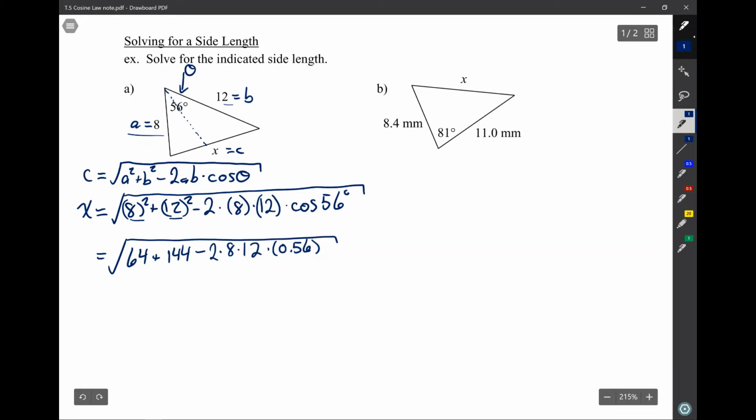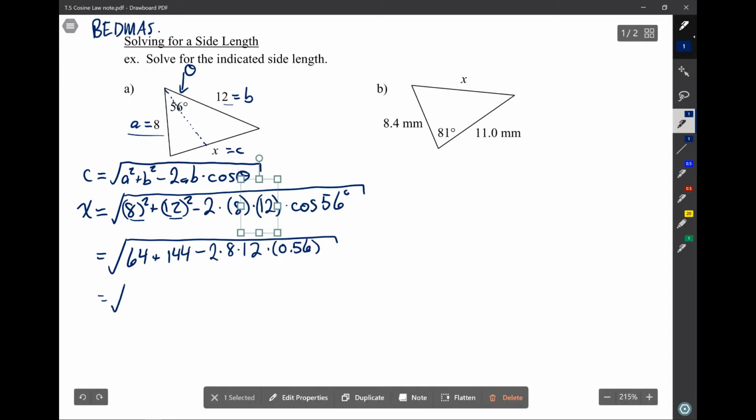And here we're following our order of operations. We're solving what's underneath our square root sign first. So I have 64 plus 144 minus, and then what I can do is I can throw all of this into my calculator because this is 4 different things that are getting multiplied together.